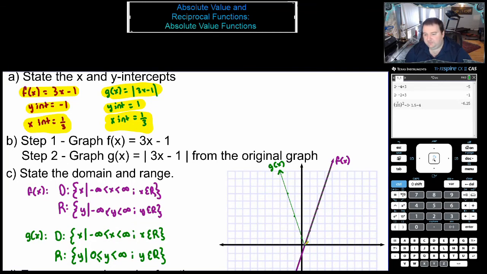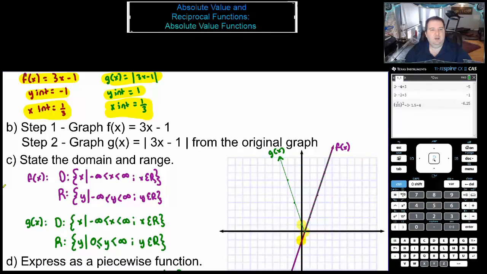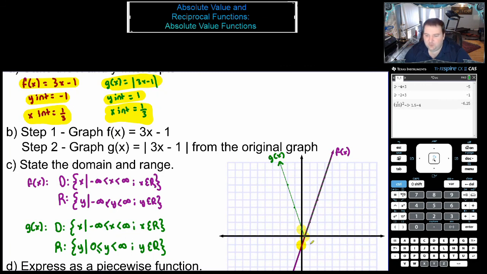So we have the x-intercept here at 1/3, and we have the y-intercept of our original function at negative 1 there, and positive 1 for the green function there. And now we can continue graphing. So we know that the slope is 3.